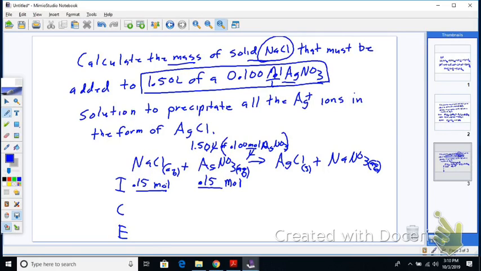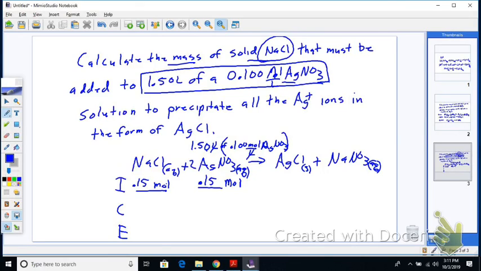1-to-1, so it has to be the same. Now if this was a 2 here, I'm not saying it's a 2, but let's say if that was a 2, then how many NaCl's would I need? 0.30, right? If that was a 3, then I need 0.45. Now let's say there was a 2 in front of the NaCl, just as an example.